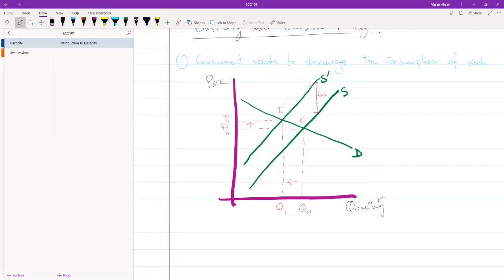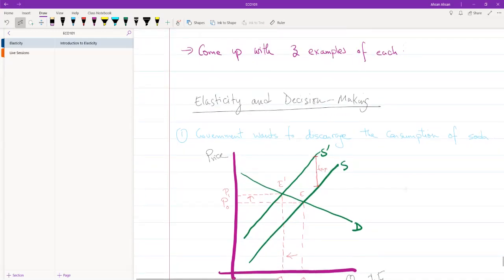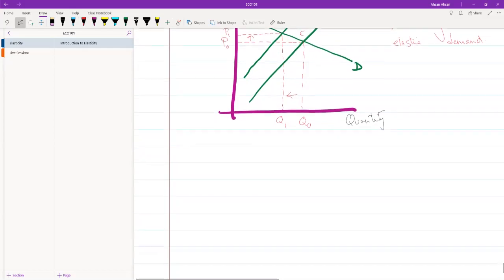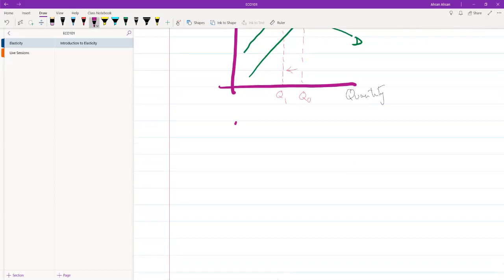However, suppose that the government is mistaken about the elasticity of demand. Over here, the government is assuming an elastic demand. However, suppose soda has an inelastic demand. Okay, so let's see what happens. Let me draw this again.